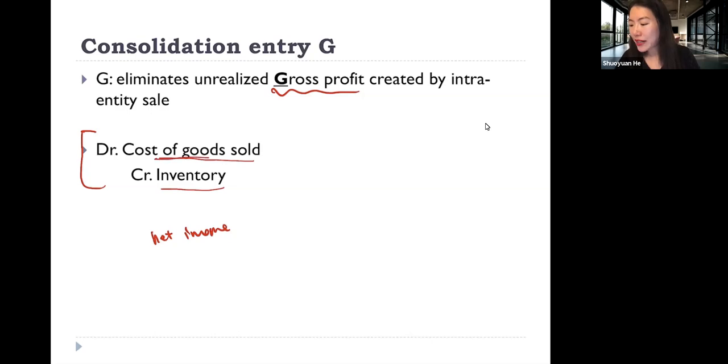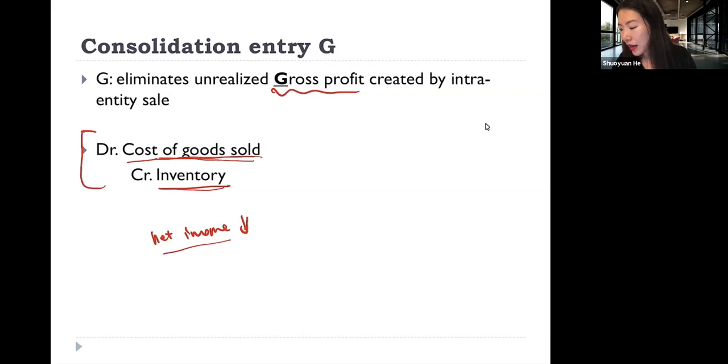We are affecting your net income by bringing up cost of goods sold. If there's any inflated profit, we use this entry to take out that profit, in other words, to defer that profit. So your net income will go down as a result of this consolidation entry. And we also credit inventory, so your inventory will go down accordingly as well. So those are consolidation entry TI and G.